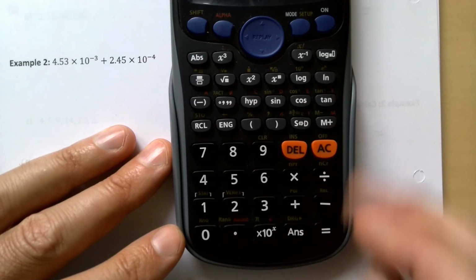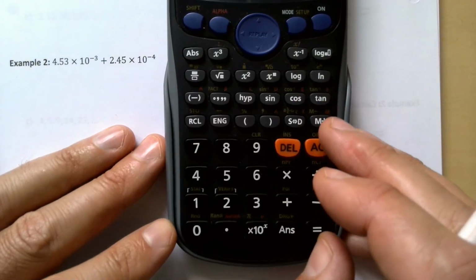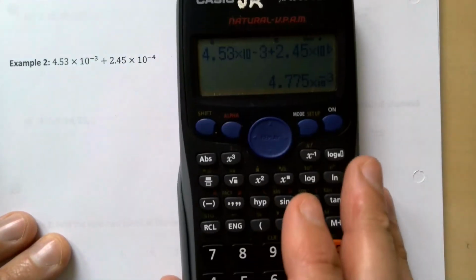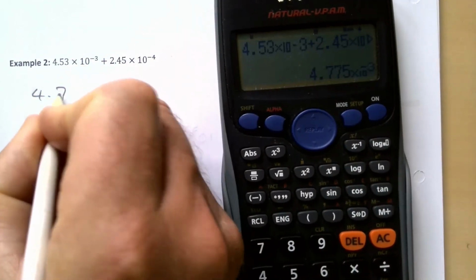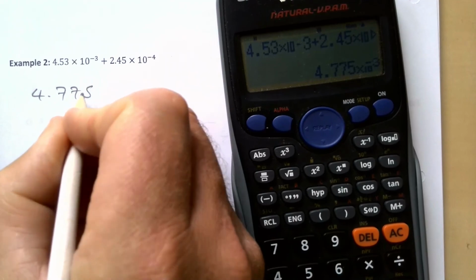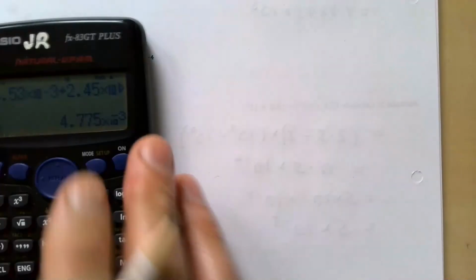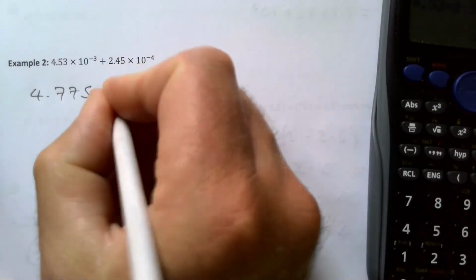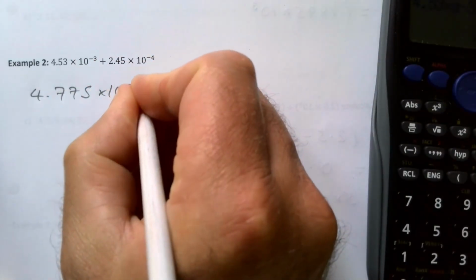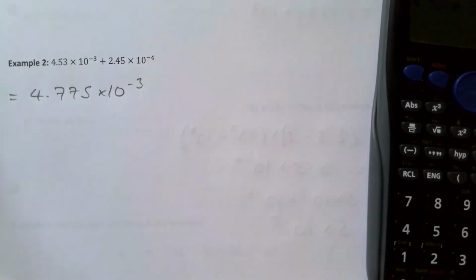Add those two numbers together, and it's given me a number in standard form, so we're okay. I should let you see that really. My 4.775, and again this is the way they give it here, times 10 to the power of minus 3. I'm happy enough with that as our answer.